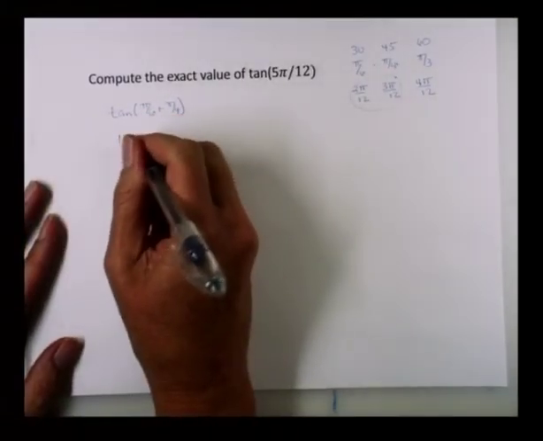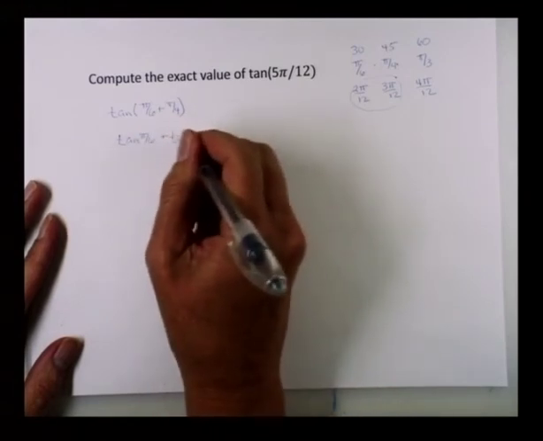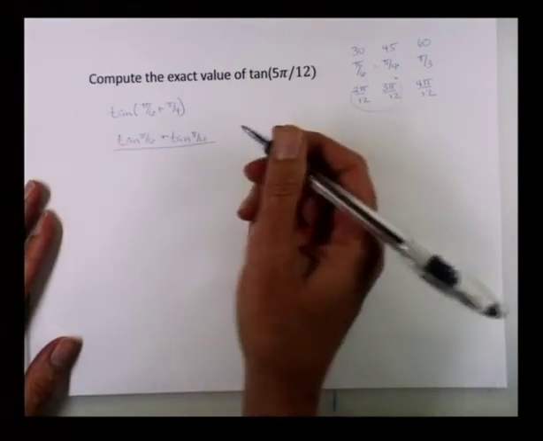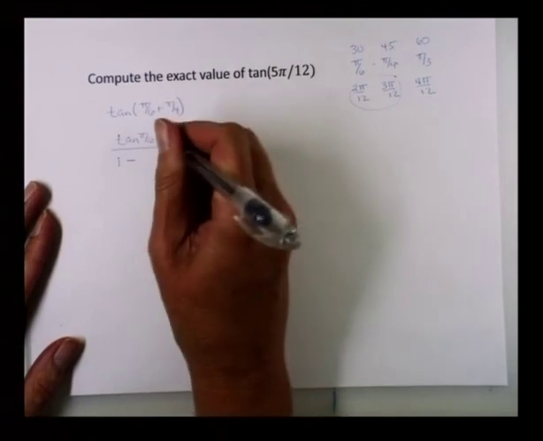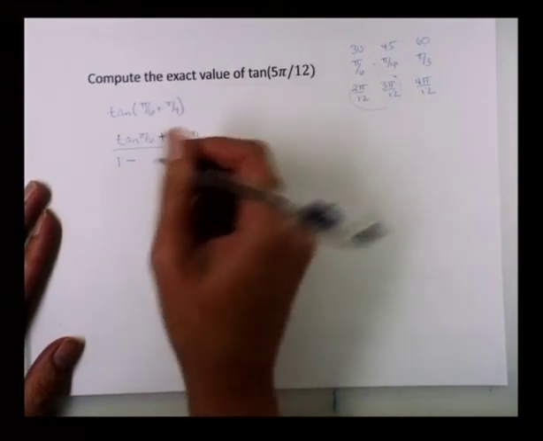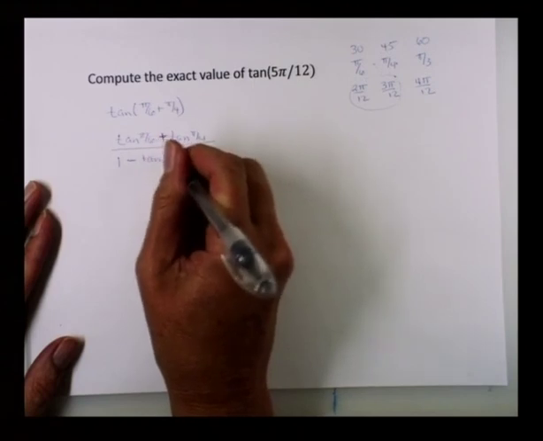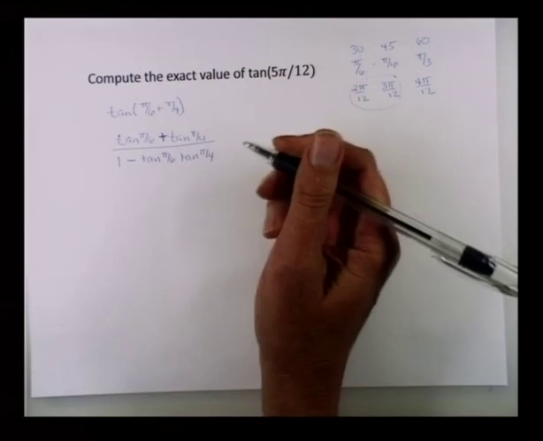So I have the tangent of pi over 6 plus the tangent of pi over 4. And then in the denominator I have 1 minus, in the tangent one of them will be plus, one of them will be minus. So 1 minus tangent of pi over 6, tangent of pi over 4. Excuse me.